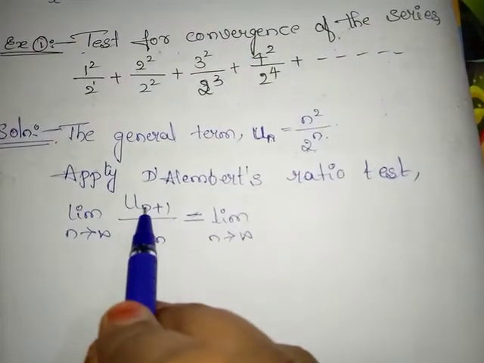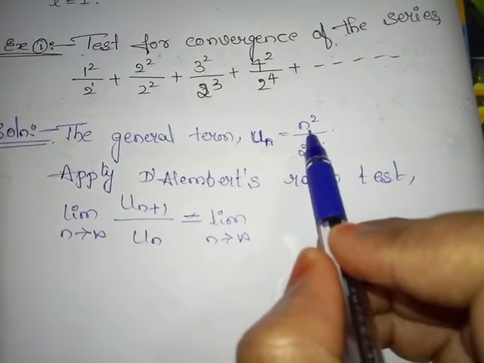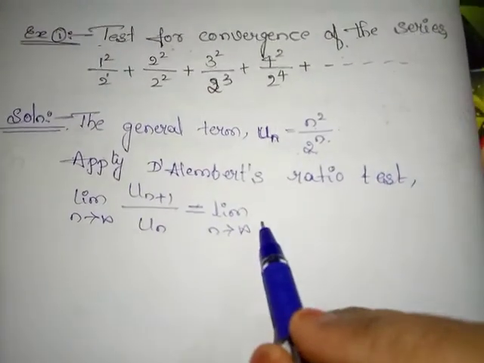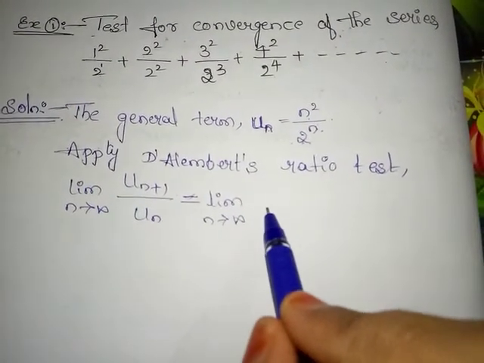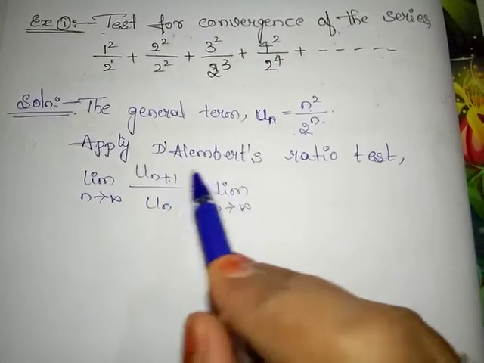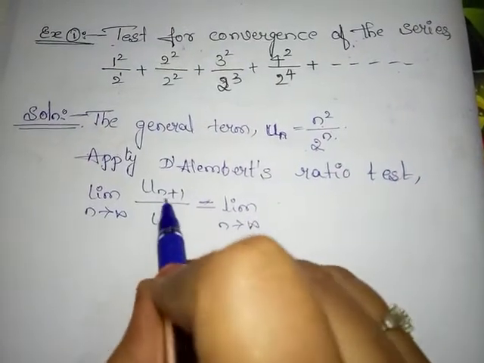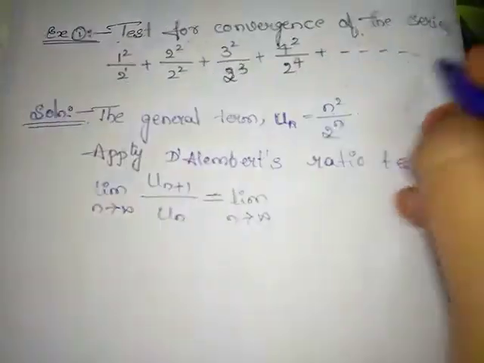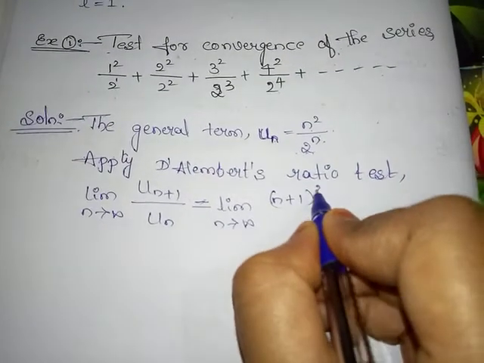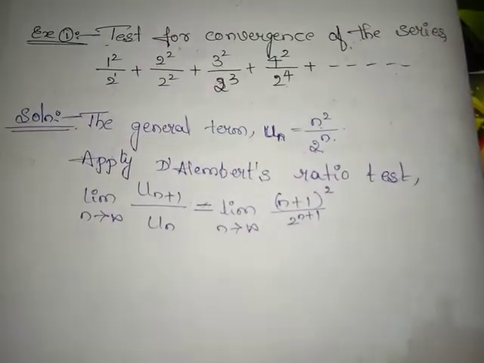Here we want the (n+1)th term, meaning wherever n is, you have to just replace it by n plus 1. If you are confused in substituting the values, better you first find what u_(n+1) is, and after that substitute here. Here I am directly substituting the (n+1)th term: it will be (n plus 1) whole square divided by 2 raised to n plus 1.